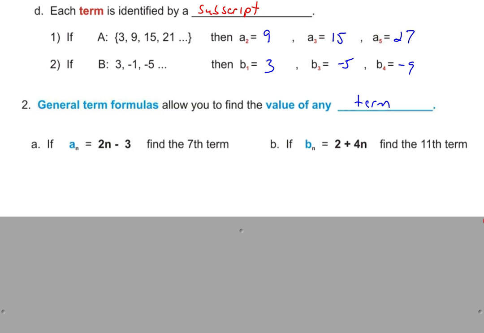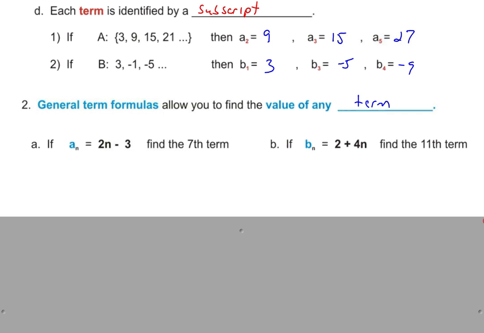And we're going to talk about a couple things as we get to arithmetic sequences and geometric sequences. We're going to talk about a recursive formula. I don't know if that rings a bell from last year. We did talk about it last year. We also talk about an explicit formula. Now, the general term formula is the same as one of them, either the recursive or the explicit.